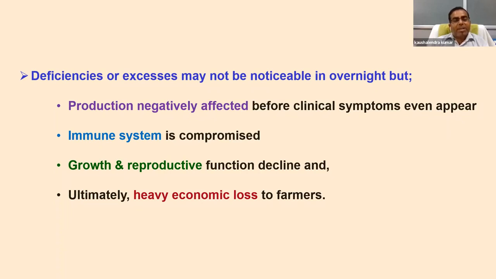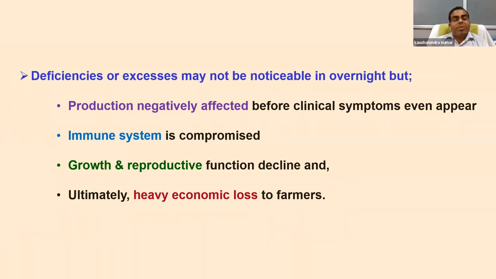It will affect the immune system very badly, leading to compromised immune function. Once immune function is compromised under harsh conditions, there may be an increase in mortality, or the profit of the farmer will be less.